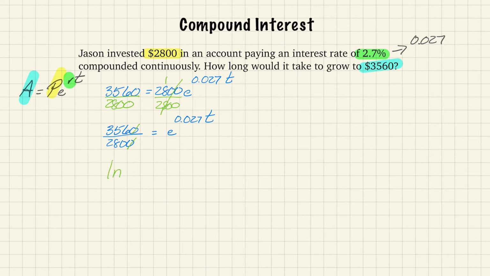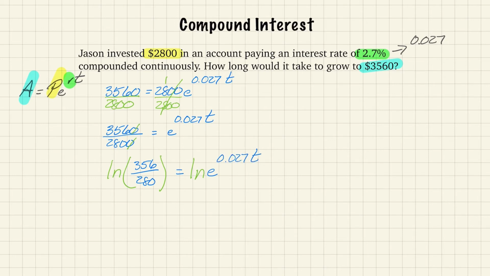So I'll take the natural log of 356 over 280, which is equal to the natural log of E to the 0.027t.